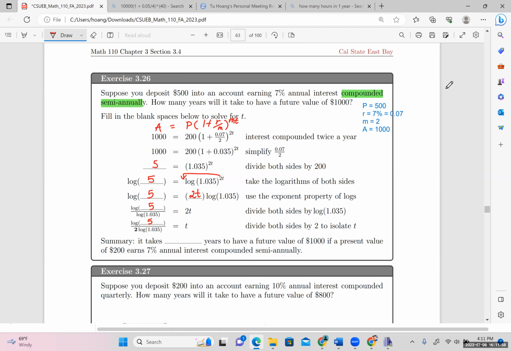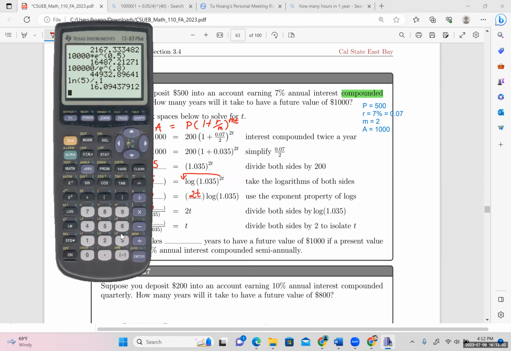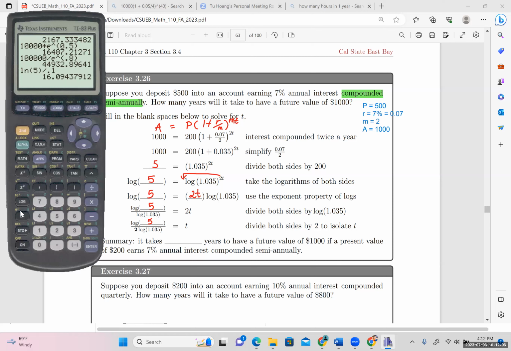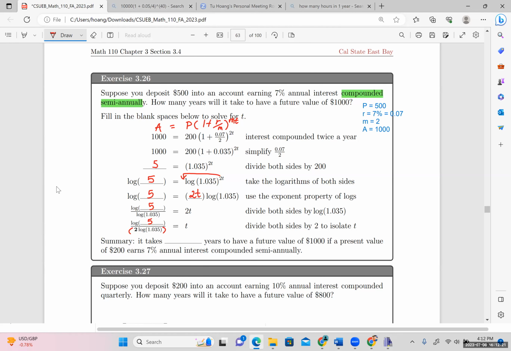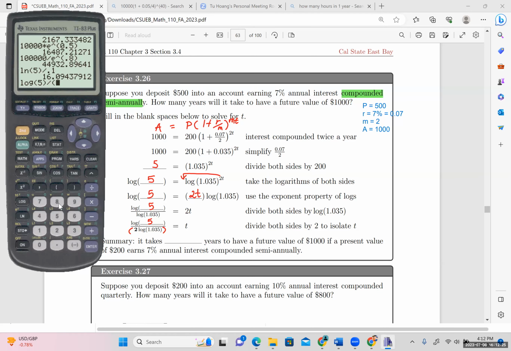So use calculators for this case. What is that going to be? So log of 5 divided by, okay, the whole bottom must have parentheses because I want to make sure my PEMDAS is correct.